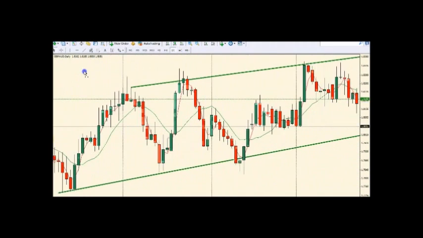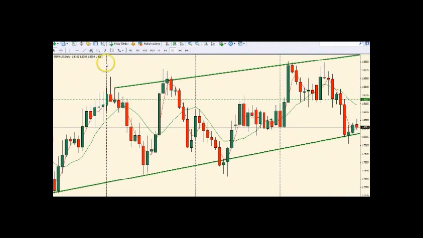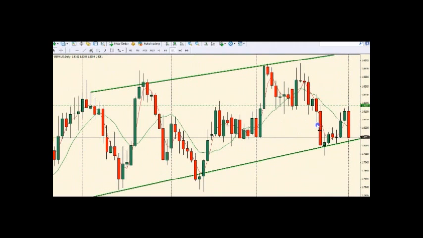If we were just thinking, okay, we're going to trade the channels, we're going to try and find a move inside the channel and find a place of entry, let's say we were going to go short here and exit here, then go long here and exit there, and go short there and exit there. Let's say that was our strategy, okay?